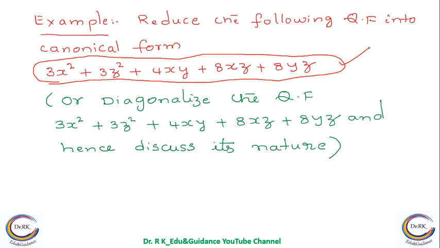Another way is: diagonalize the quadratic form and hence discuss its nature. Another way is: convert this given polynomial or quadratic form into sum of squares form.